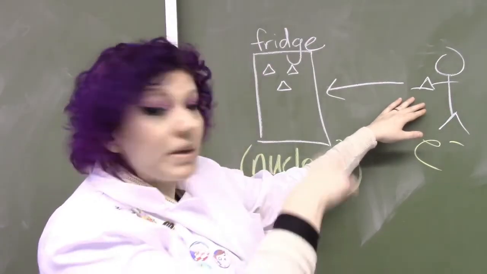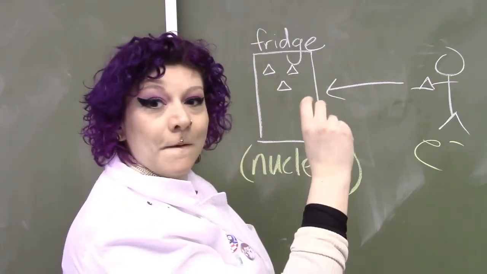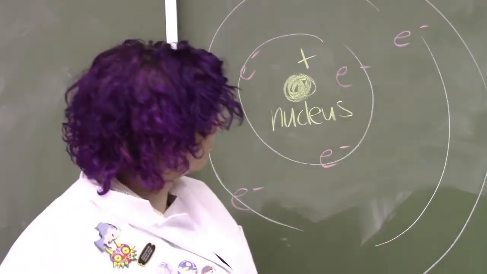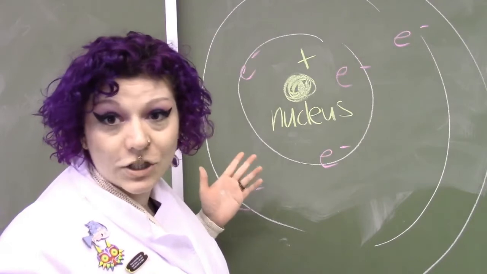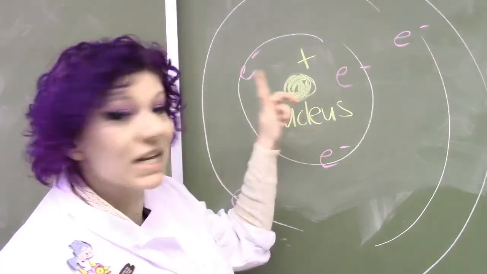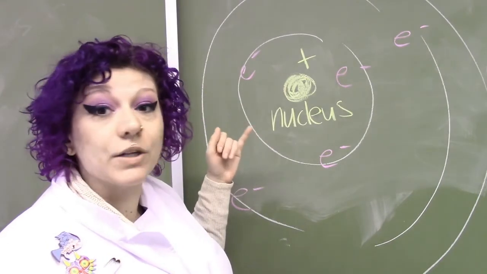Now, let me redraw this to look more like an atom. Here is a picture of a Bohr representation of our atom. Remember, the Bohr one has these concentric rings. So our nucleus is in the center, and it has an overall positive charge.